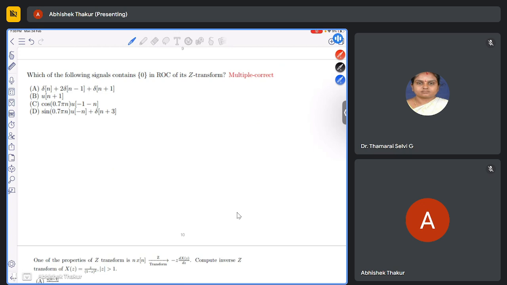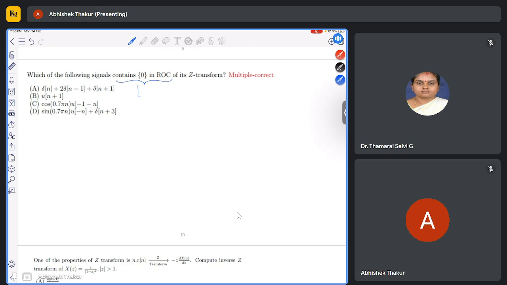So now we will solve the next question. Which of the following signals contains 0 in the ROC of its Z transform? So this is a multiple select question. So what is the case here?